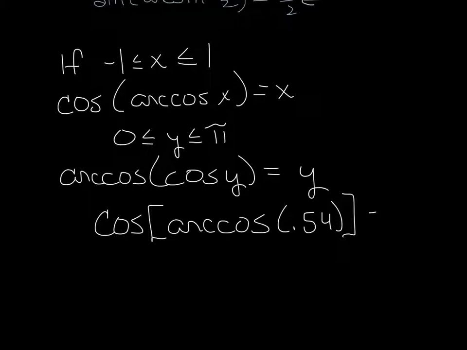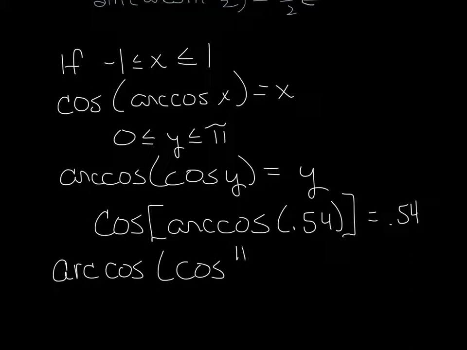So it's just equal to 0.54. Now, if I wanted to find the arc cosine of the cosine of pi over 6, this is just pi over 6 because it lies between 0 and pi.